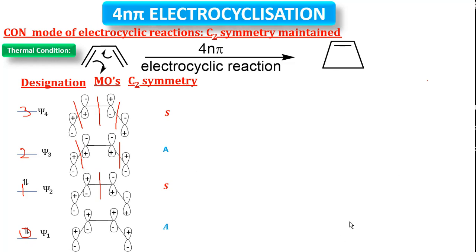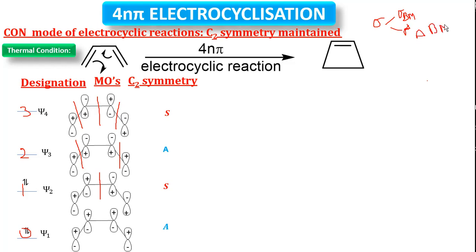What are those 4 molecular orbitals? 2 pi bonds converting into 1 sigma bond and 1 pi bond. Sigma bond has 2 molecular orbitals: the sigma bonding molecular orbital, and the sigma star anti-bonding molecular orbital.